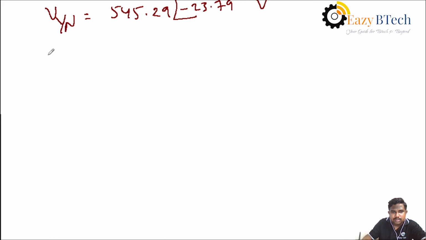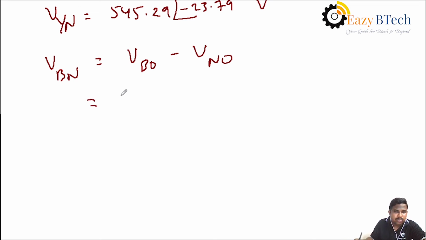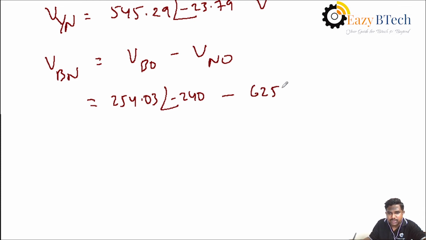Then by using the same format, we have to find out VBN also. That is VBO minus VNO. We know the value of VBO, that is 254.03 at an angle minus 240, minus the VNO value, 625.96 at an angle 180 degrees.